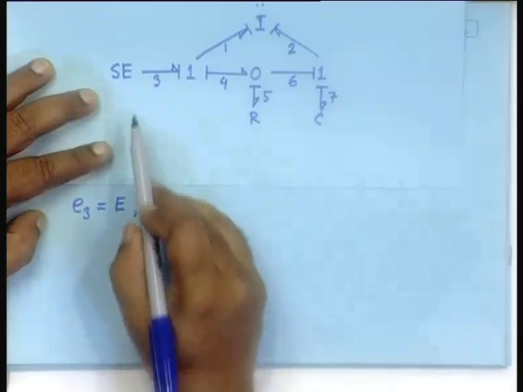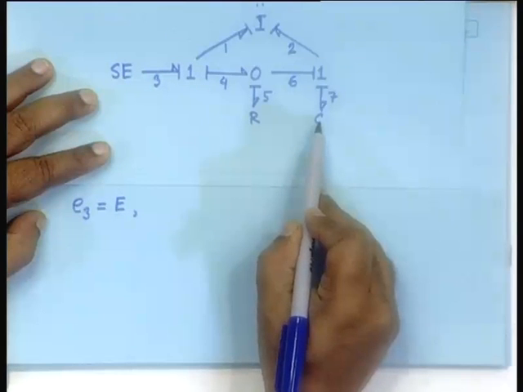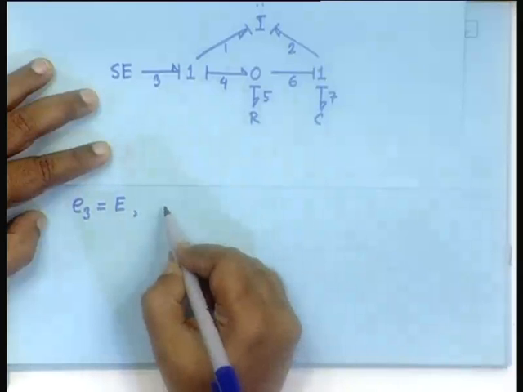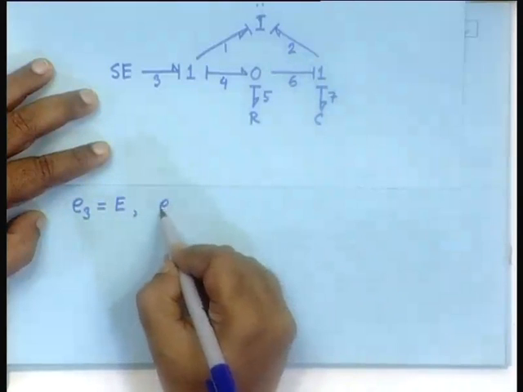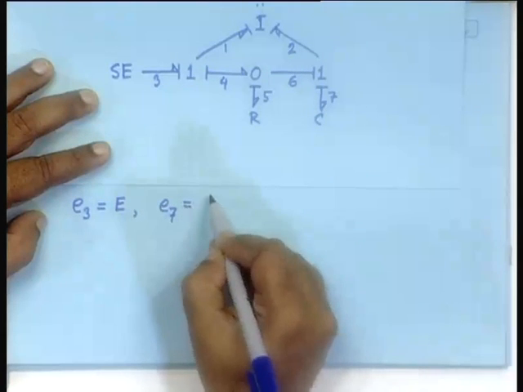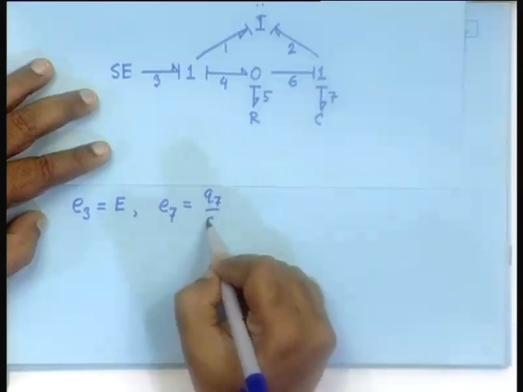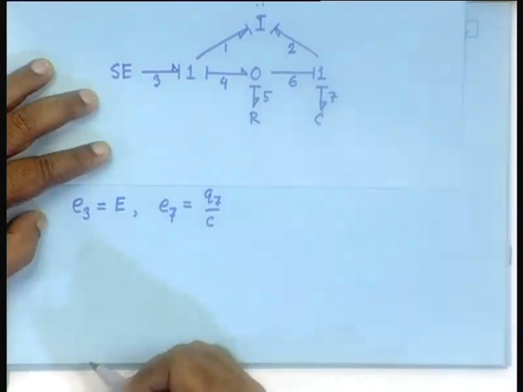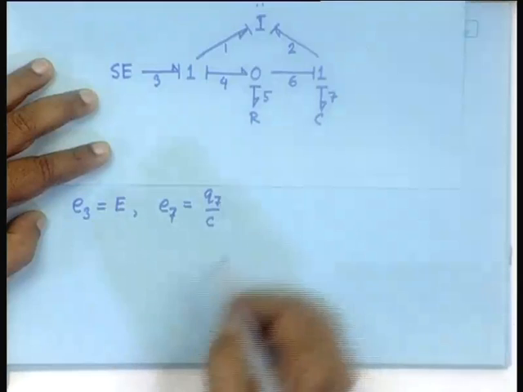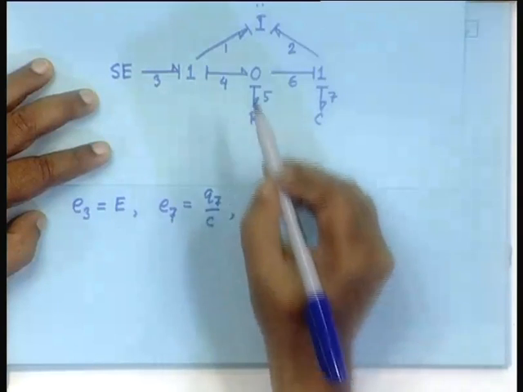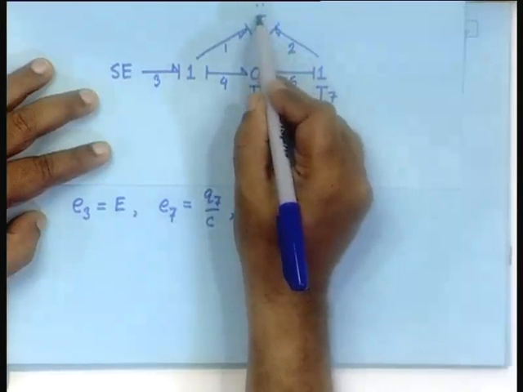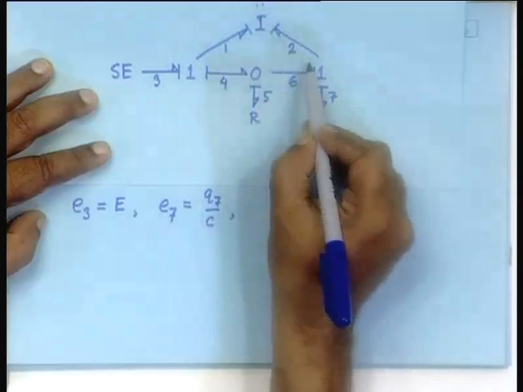Next, we ask this question to this C. What does it give? So, it gives E7. E7 is equal to Q7 by C, right. Then ask this question to this inductive element, which is now 2 port.